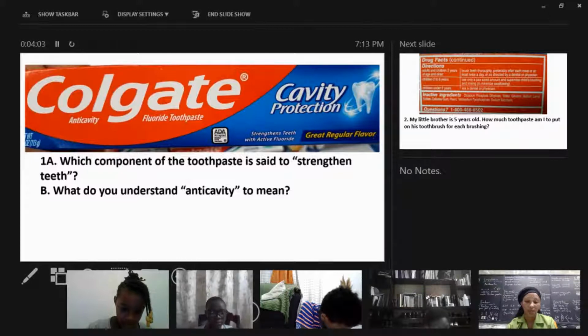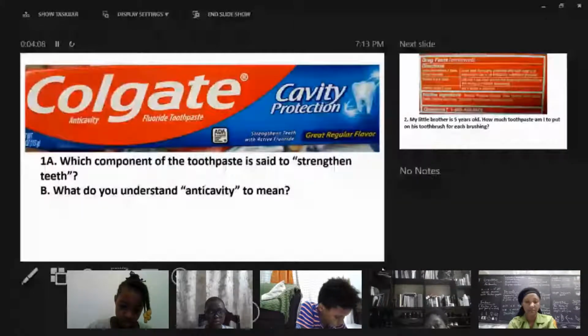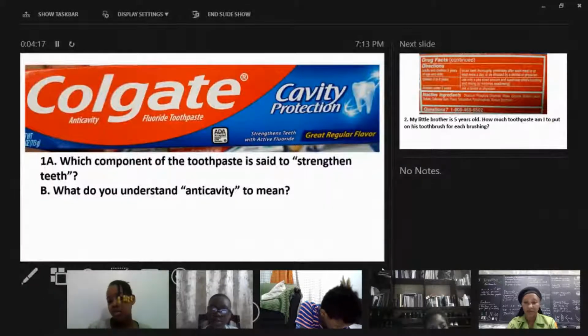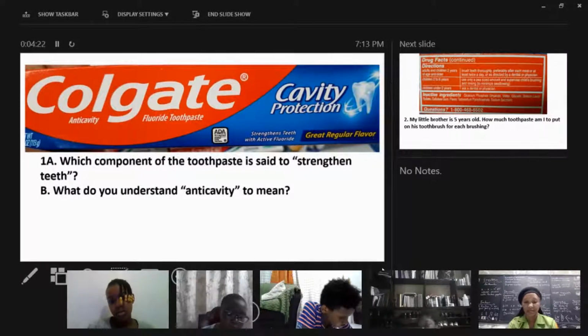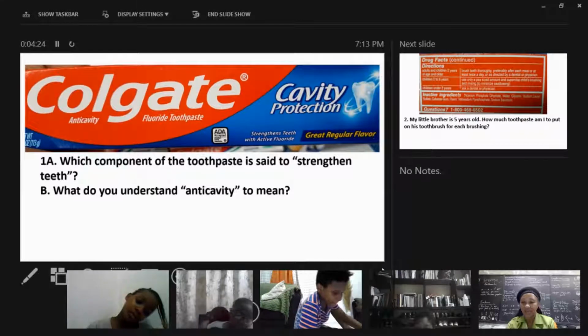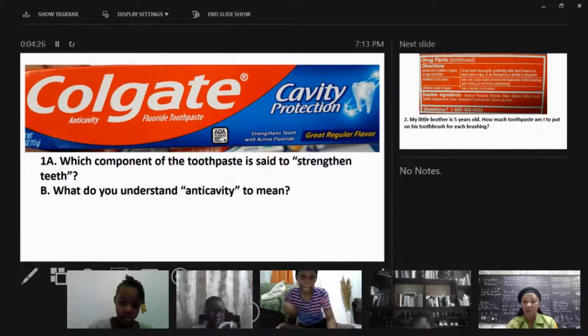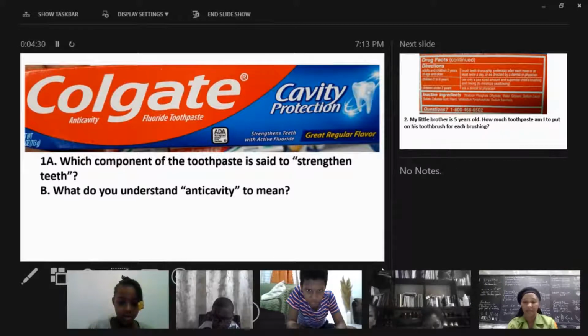All right, so Antoine, which component of the toothpaste is said to strengthen teeth? Miss, the active fluoride. The part where it says strengthens teeth with active fluoride. That is correct. And Madison had fluoride, Ashley, Ochano, and Camille also had active fluoride.